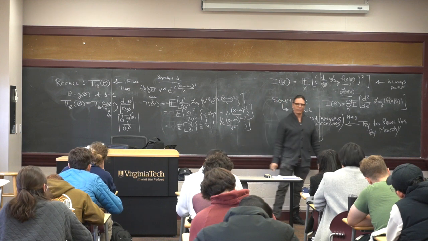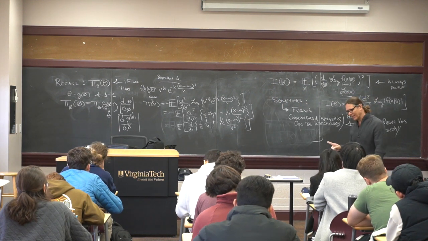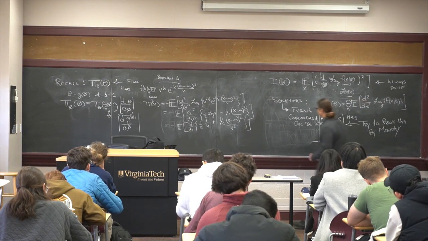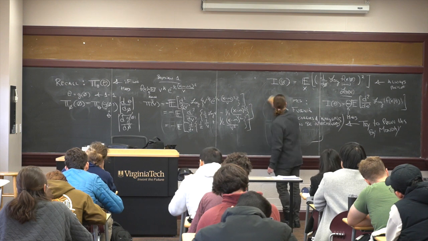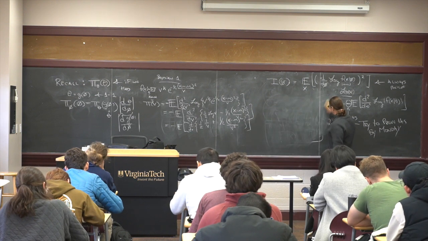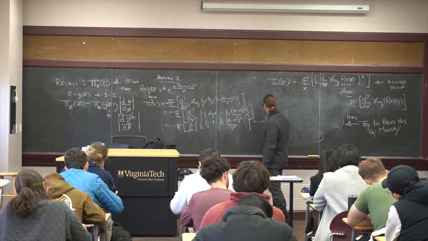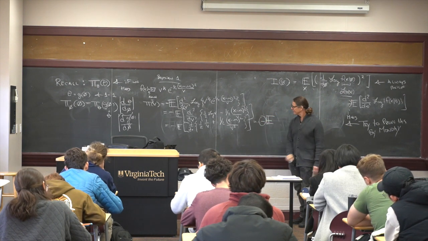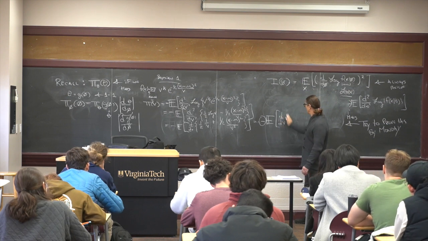I said I can't do this unless I multiply over up on the top, but it turns out I can. Let's do it one more time. One more derivative. Minus expectation. Don't forget this minus sign. Get rid of that.